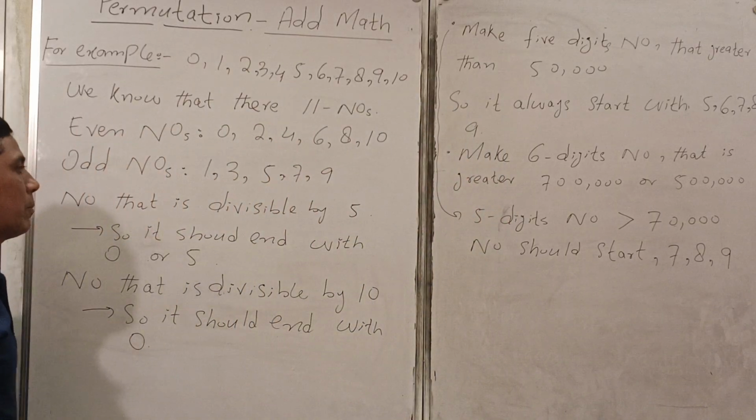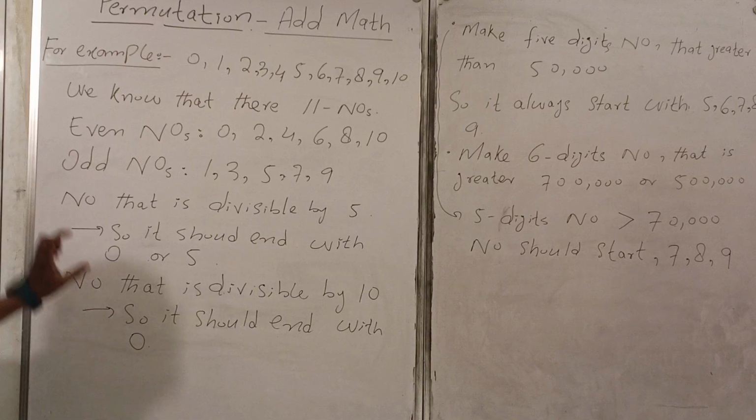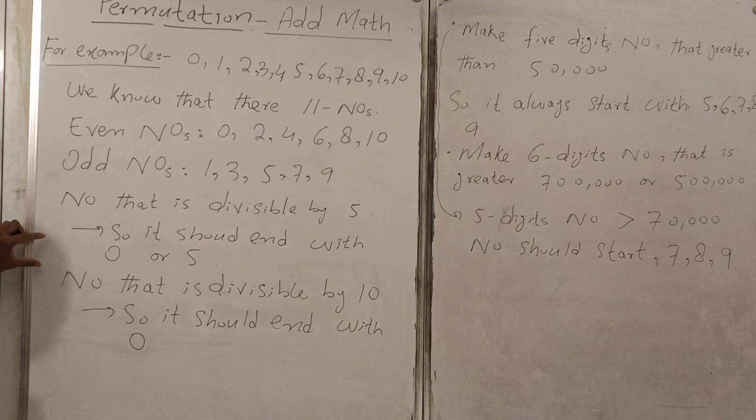Okay, you got my point? Now, if I ask you that the number should be an odd number, okay, odd number I have covered here, even number I have covered here, and possibility of the divisibility I have covered here, and so on.